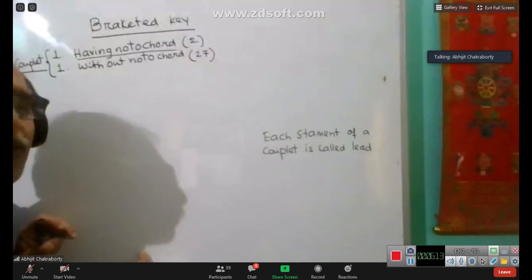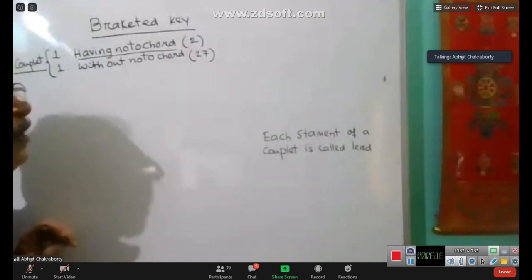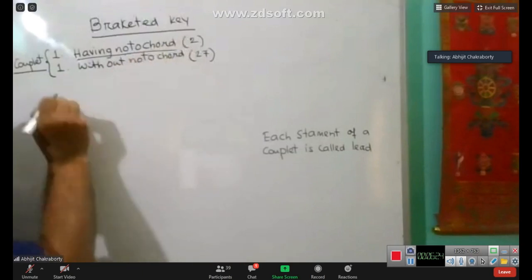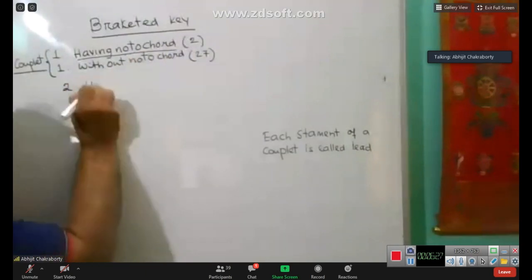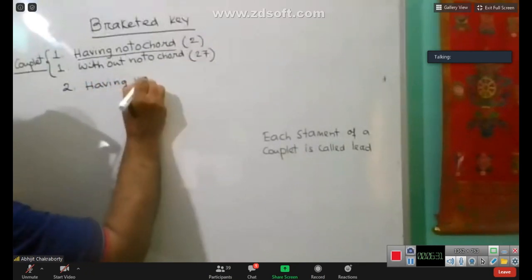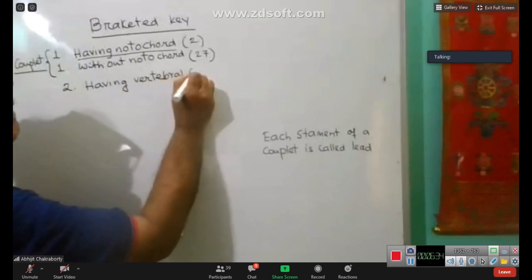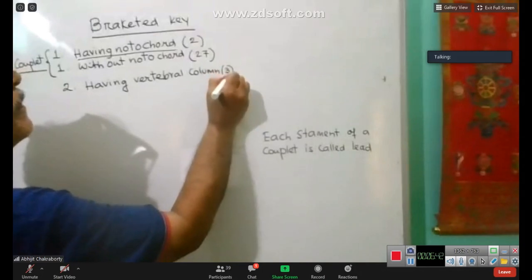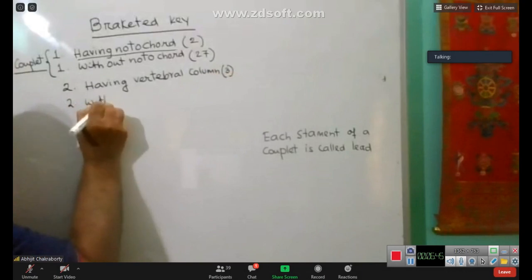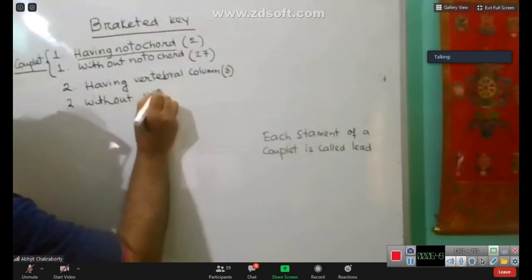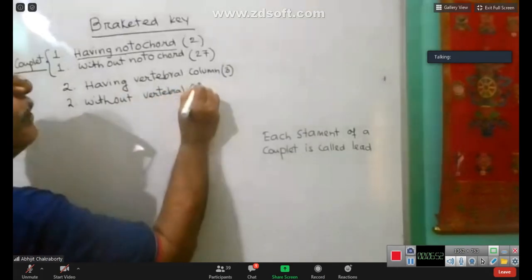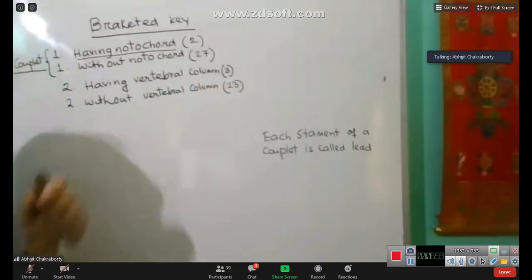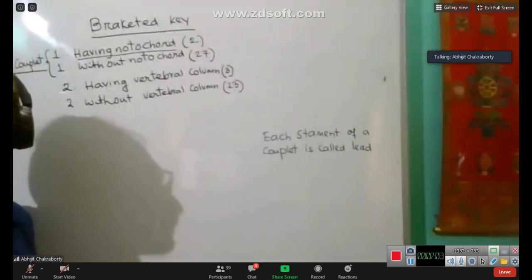As the board is small, we could not write all these characteristics together. So I am selecting here having notochord. Suppose your animal is with notochord, so you have to follow what is written in 2. In 2 is written having vertebral column, and without vertebral column.